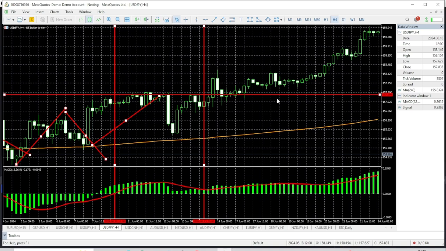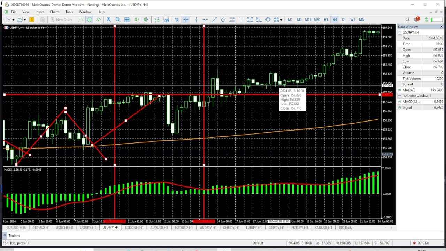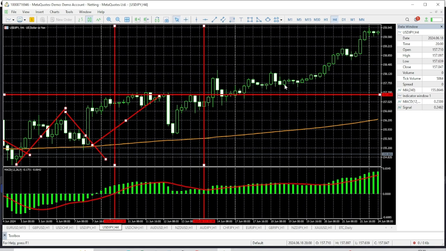So the lowest of the 3 drops, minus 5 pips, is your exit. So here we have 157.63, so it's going to be 157.52 to be taken out.